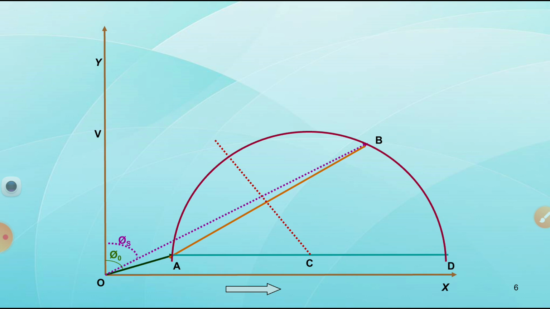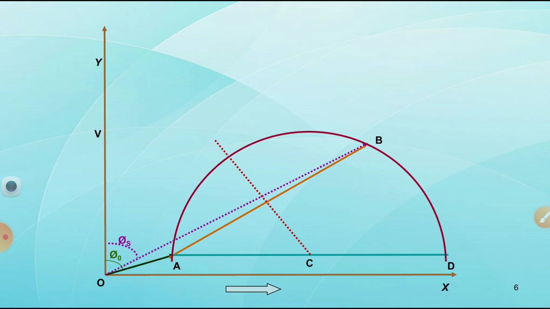Now AD is parallel to OX, and AD represents the baseline, and OX is the reference line. This bisector cuts our AD at C. On C as a center, with AC as a radius, and AC is equal to CD, by taking the compass you can draw one circle that will meet A and B on a semicircle.